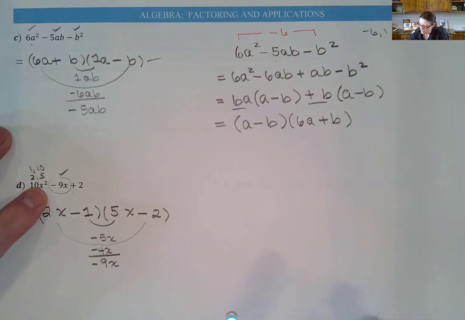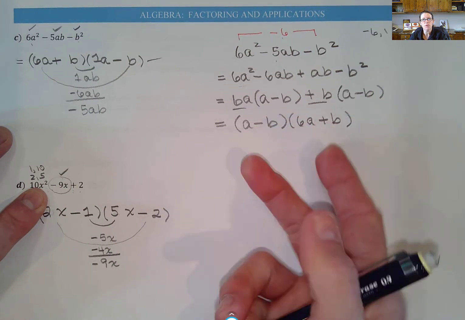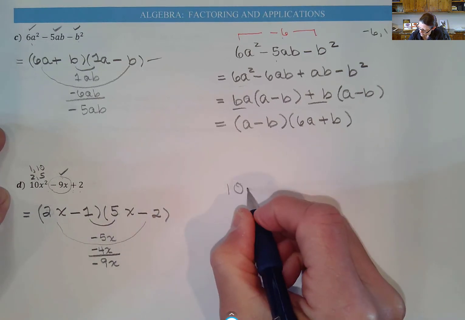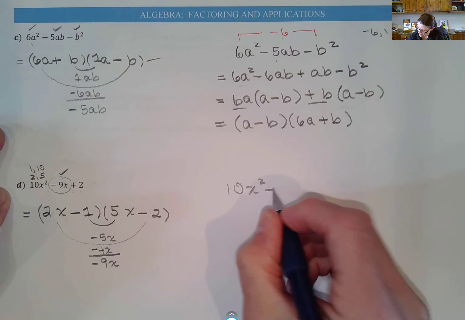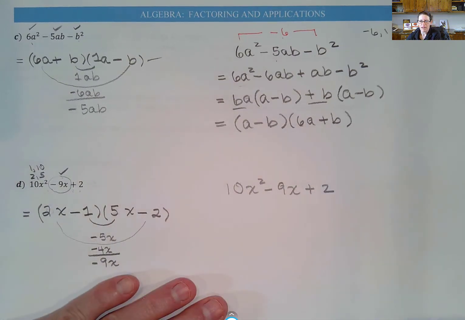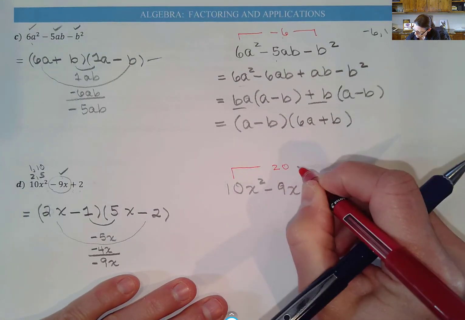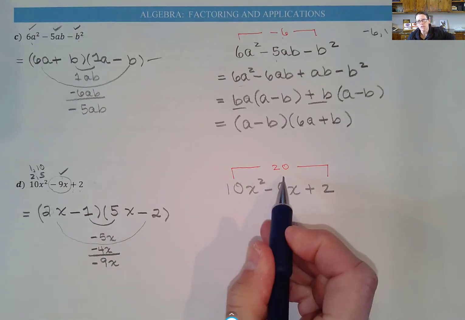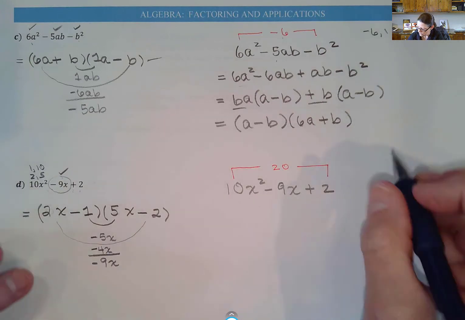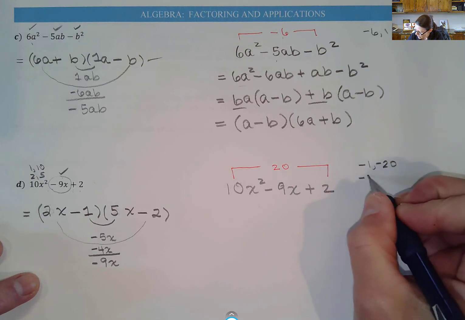And lastly here, hopefully you're getting good at these, feeling more comfortable now. As we multiply those outer coefficients, that product is 20. Now we're looking for factors of 20 that sum to -9, so they'll both be negative. Like -1 times -20, -2 times -10, no, -4 times -5, and there's our winner.